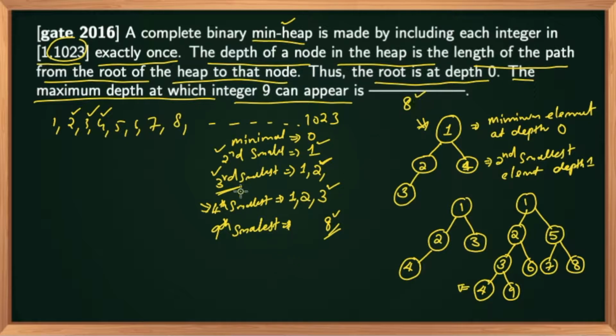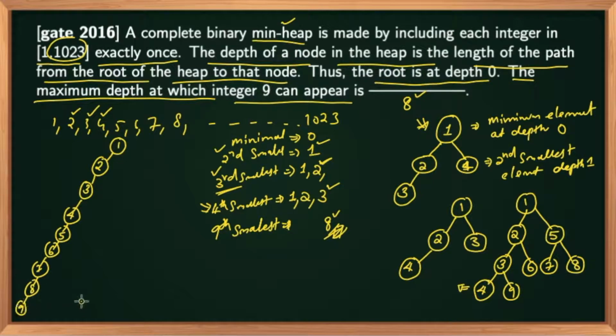One more thing you should understand. Let's assume you need to have enough elements to place this in the 8th position. What I want to say is, if you try to keep it at depth 8, and this is the heap you are expecting, for example, you have 1, 2, 3, 4, 5, 6, 7, 8, 9.